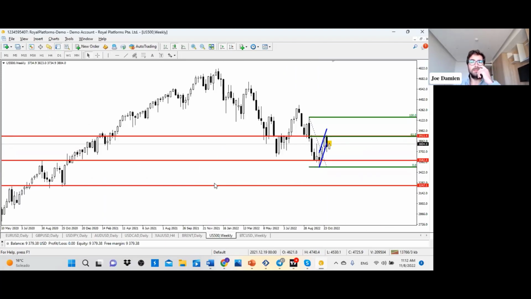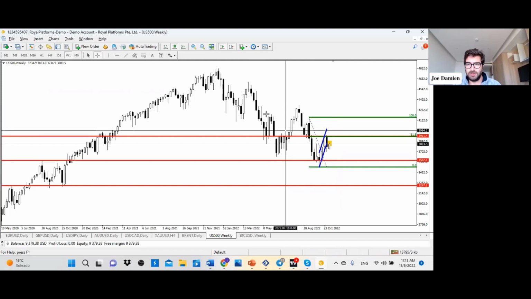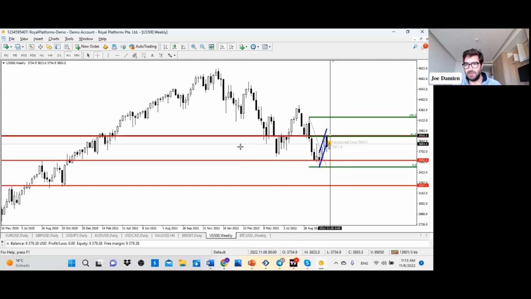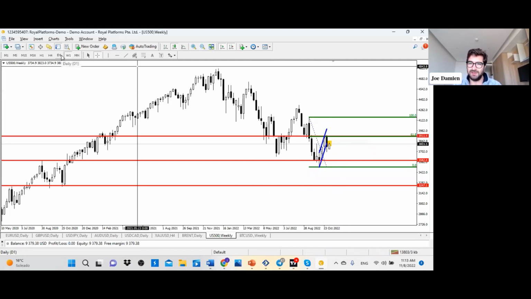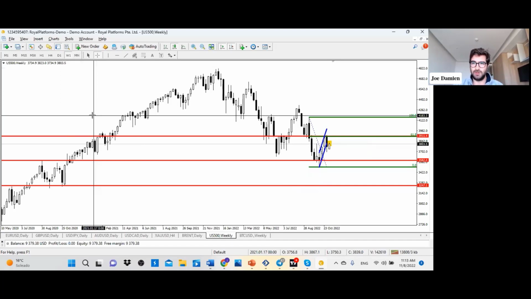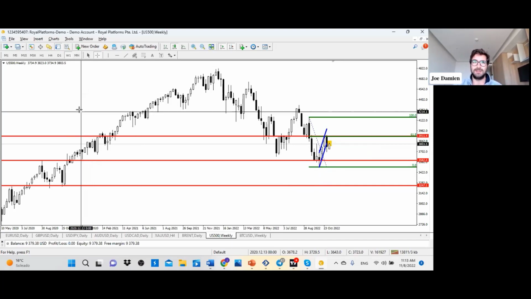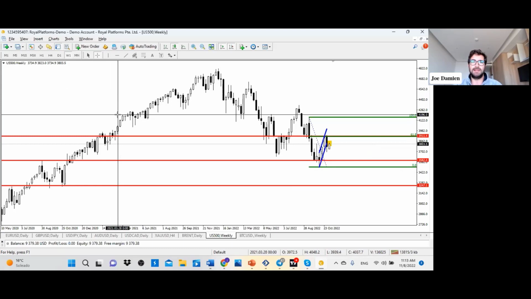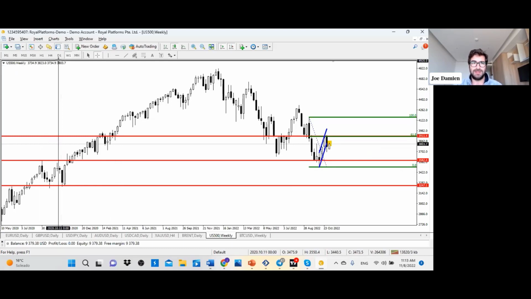US 500 on the weekly time frame. We are still in a downtrend, lower highs, lower lows, correction, and this is a correction here. This is a smaller one. Correction, impulse, correction on the lower time frame. Since we are bearish on the weekly time frame, we should expect to sell this asset, not buy it, because everyone is selling.